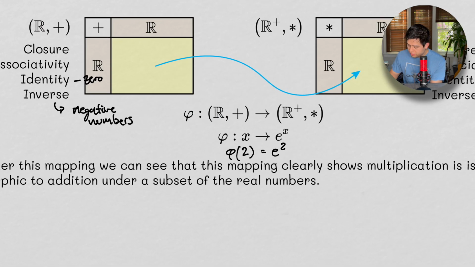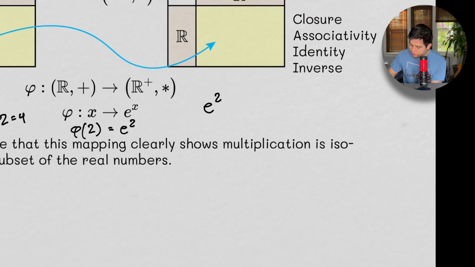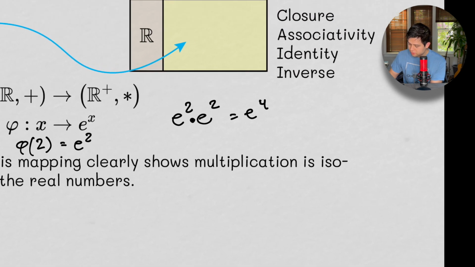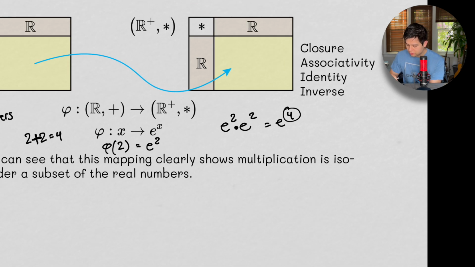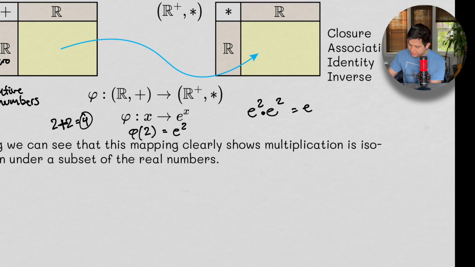And you can see that on this side here, 2 plus 2 is equal to 4. When we multiply e to the 2 by e to the 2, well, that's e to the 4. Right, so this is under multiplication, this is under addition. And we can see that this actually works because this 4 is now mapped to this e to the 4.